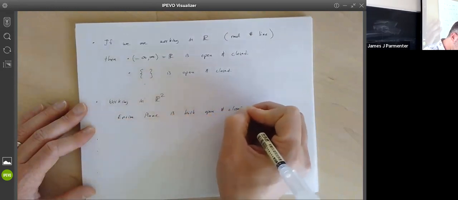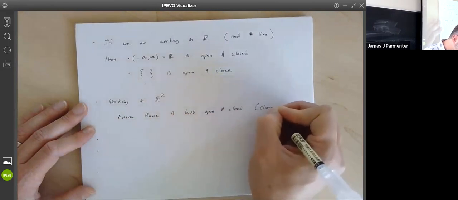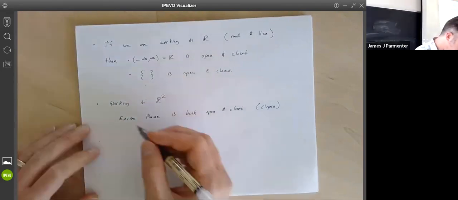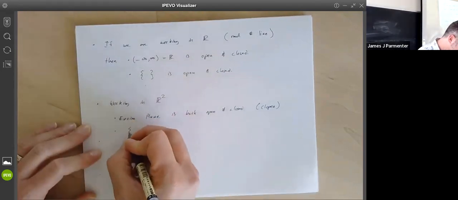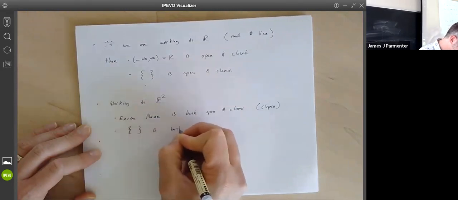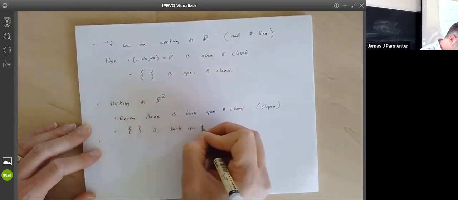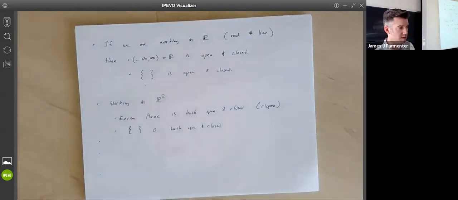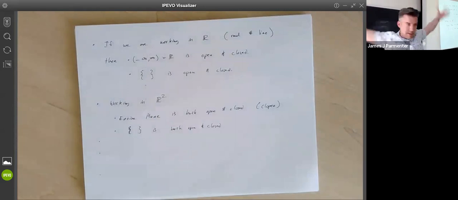Some people use a terrible word: they say it's clopen. Not a fan, but whatever. And of course the empty set is also both. So very generally, the empty set is always open and closed, and the set of your entire space is always open and closed.